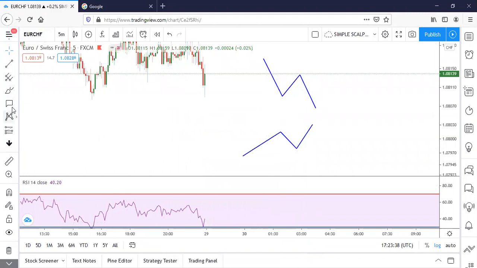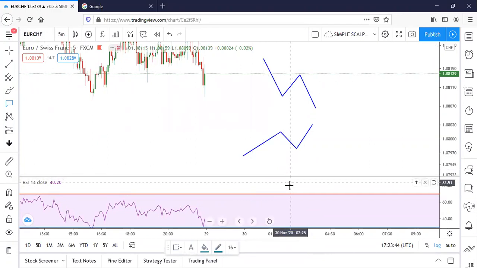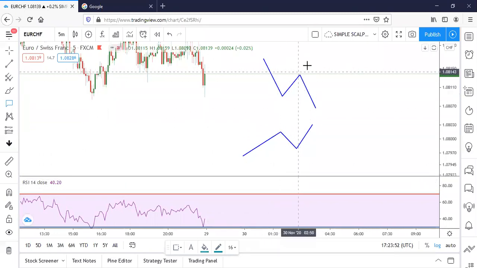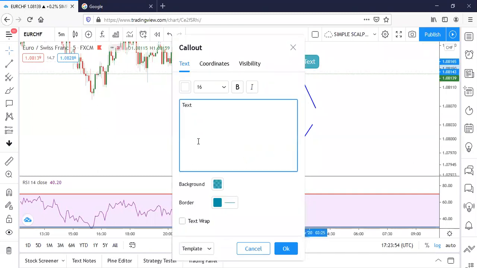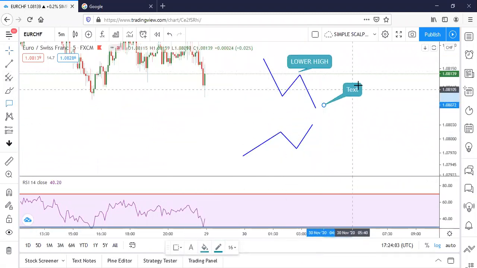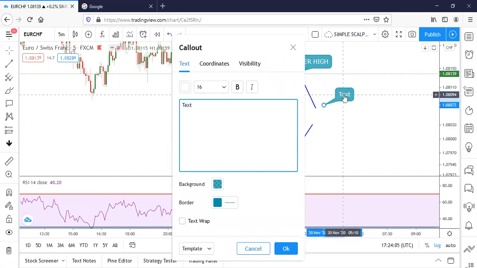Okay. So we say on the price divergence, your chart must be making lower high. This is lower high, right? I was pointing to the wrong direction earlier on. It's still lower high, lower high.